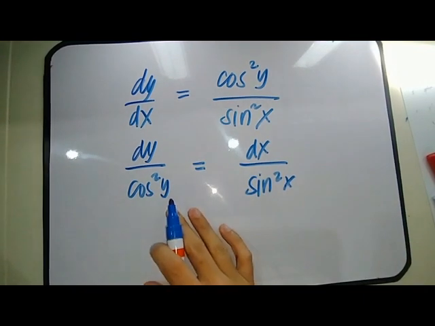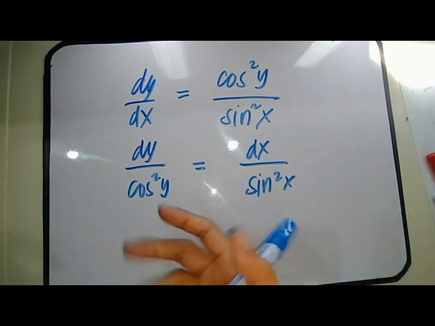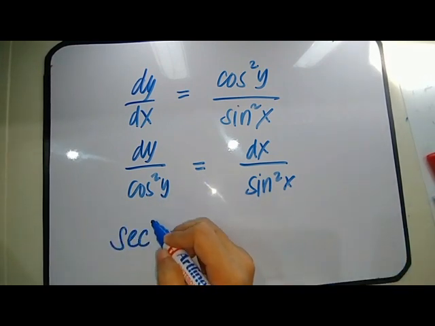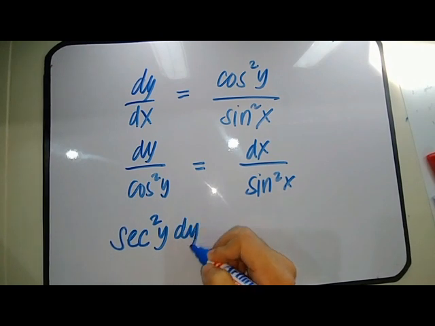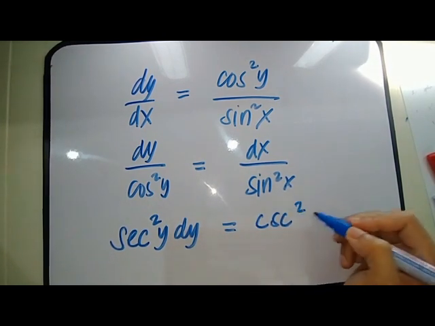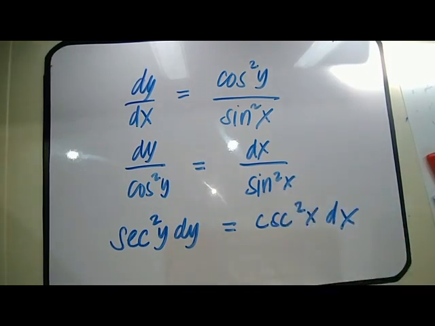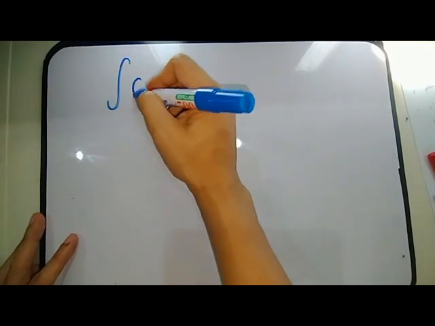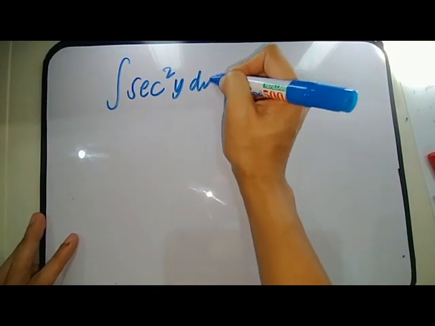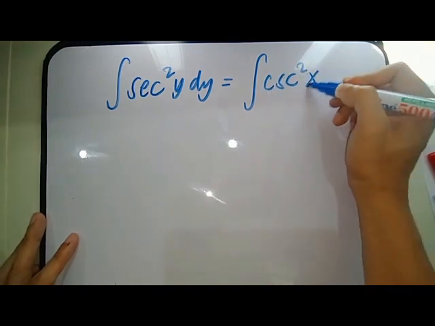So simplifying, this is secant squared y. By identity, this is secant squared y dy equals cosecant squared x dx. Then we integrate both sides. So the integral of secant squared y dy equals the integral of cosecant squared x dx.